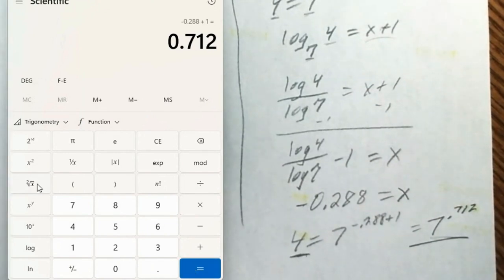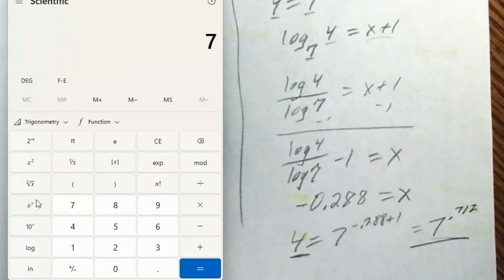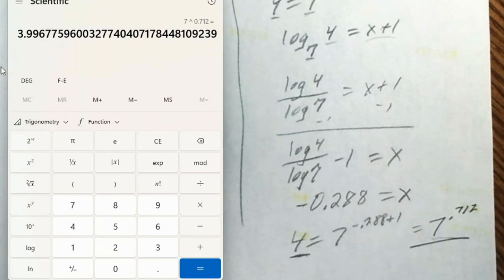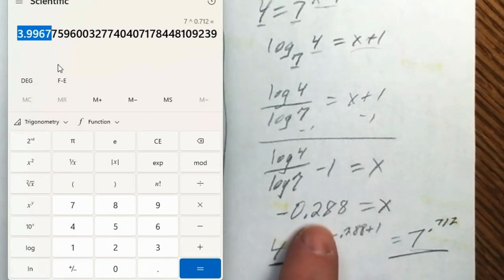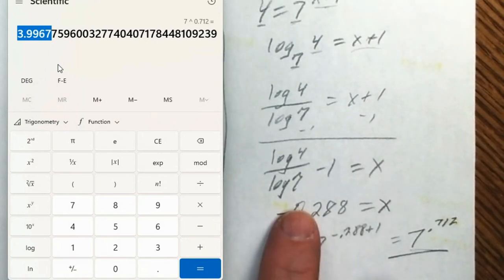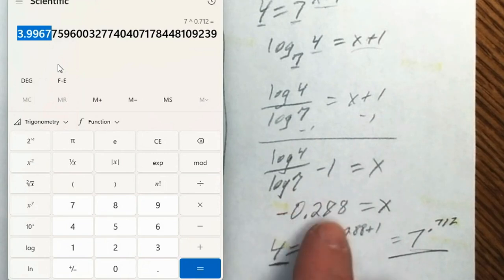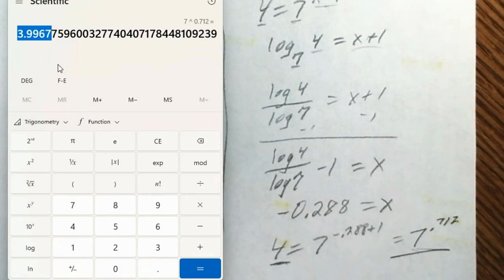Let's see if that works. 7 raised to the power of 0.712 is 3.996. See, that does equal 4 because I rounded it. If I hadn't rounded it and used the whole thing, which goes on forever, it'd be exactly 4. But I rounded it to 3 decimals when I took log 4, divided by log 7, subtracted 1, and rounded to 3 decimals. And so that checks out.